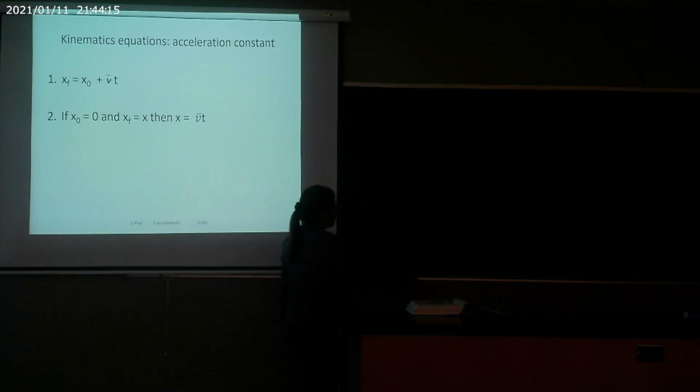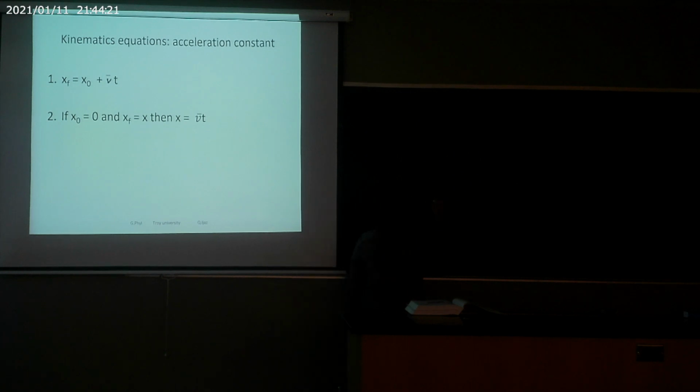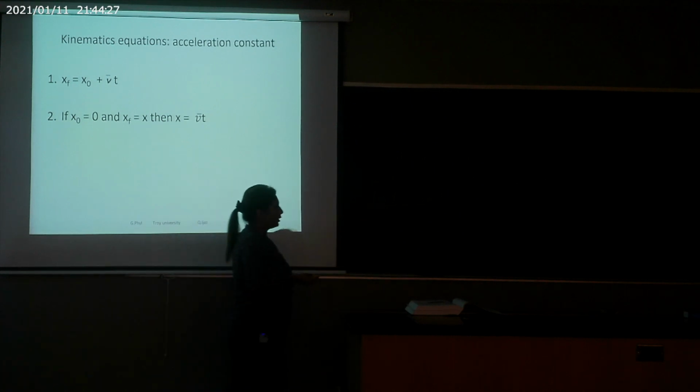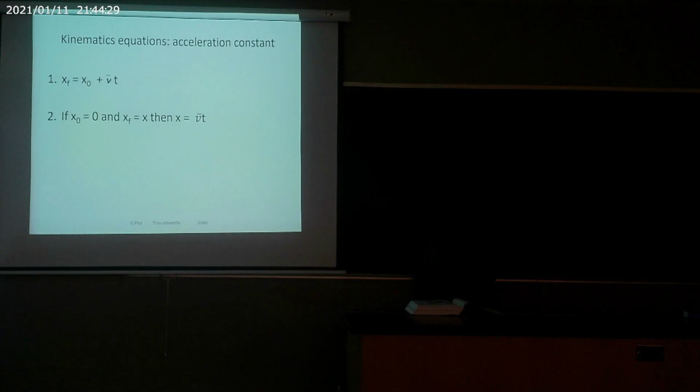The first equation we are already familiar with, and basically we are going to restate the same definition that we already know for the velocity. We know that v average is equal to xf minus x naught over delta t.